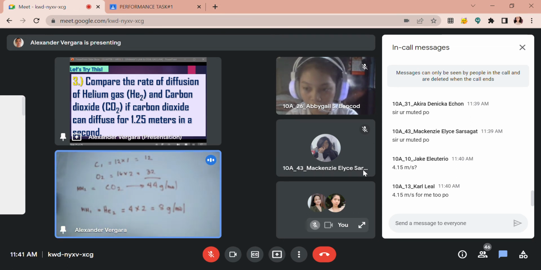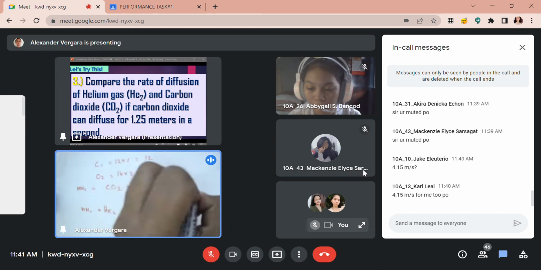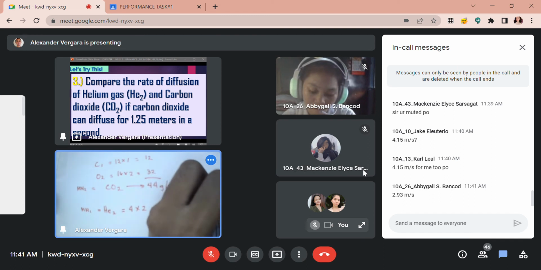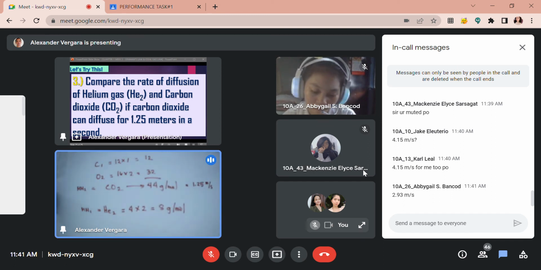Now, according to the given, if carbon dioxide can diffuse 1.25, this is the rate of the carbon, 1.25 meters per second.